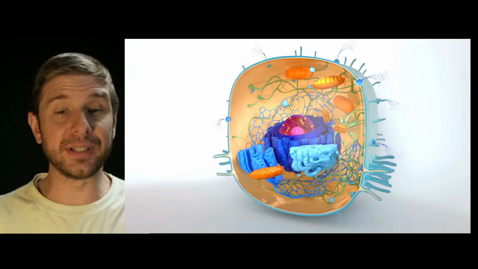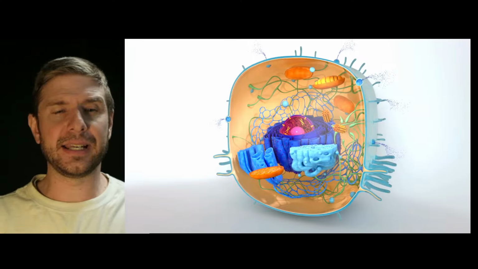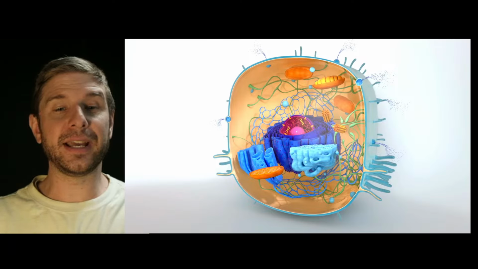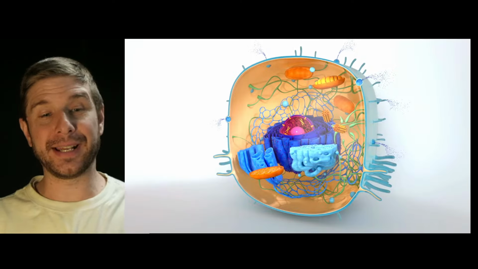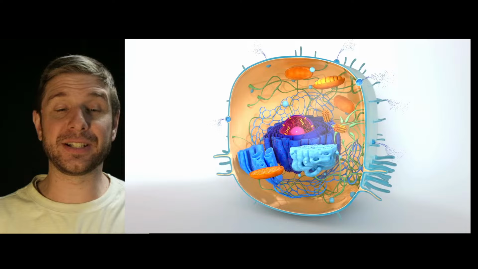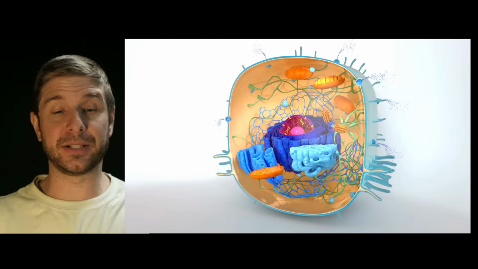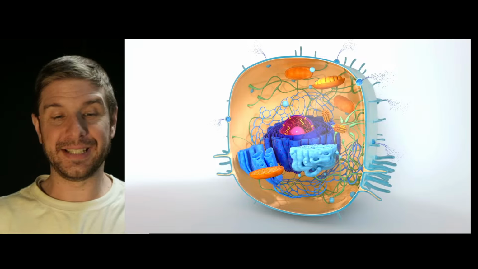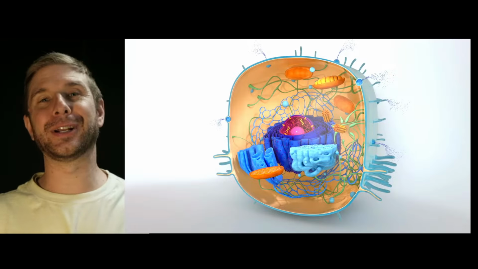You have the nucleus, or the control center of the cell, the DNA, the cilia, the lysosome, the centrioles, the microtubules, the Golgi apparatus, the smooth endoplasmic reticulum, the mitochondria, the rough endoplasmic reticulum, the cytoplasm, the chromatin, the ribosomes, and the nuclear membrane. So sorry if I pronounced any of that wrong.